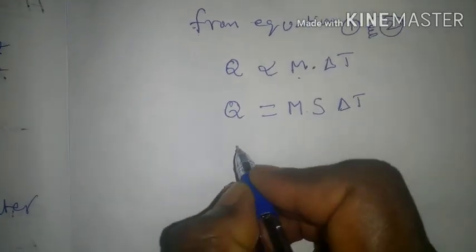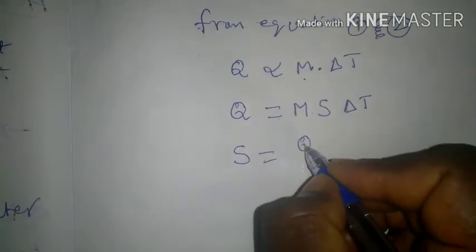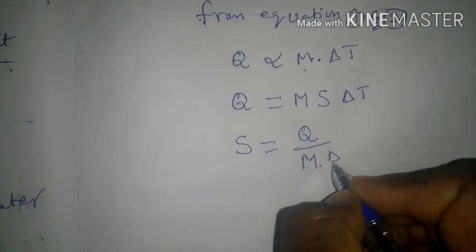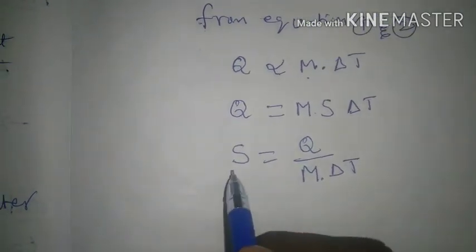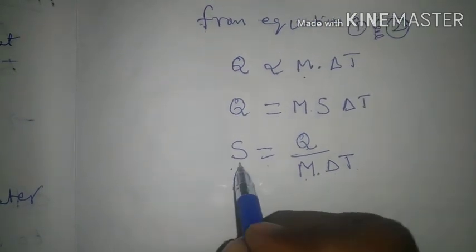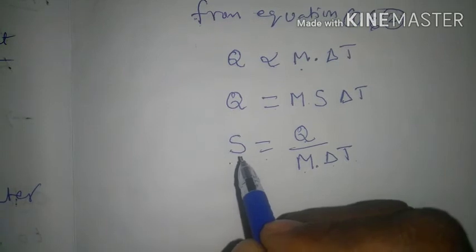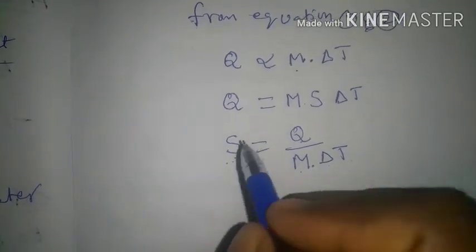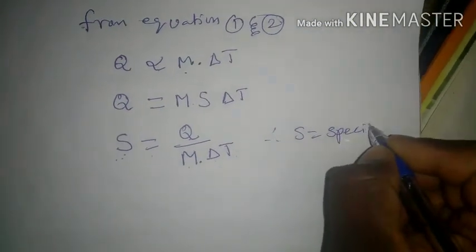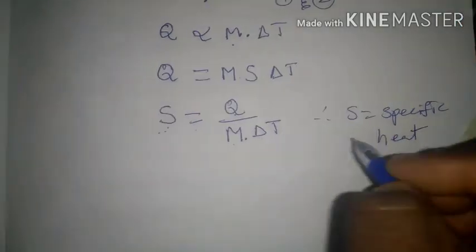Making s the subject, s is equal to capital Q by m into delta T. s is a constant value, s is the specific heat. This derivation is completed.